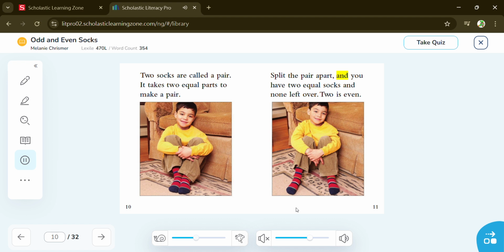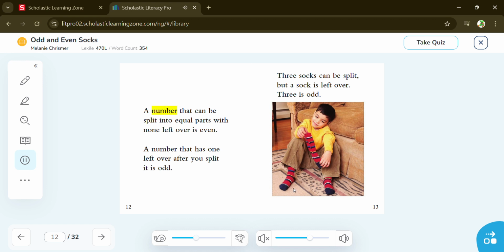Split the pair apart, and you have two equal socks, and none left over. 2 is even. A number that can be split into equal parts with none left over is even. A number that has one left over after you split it is odd.